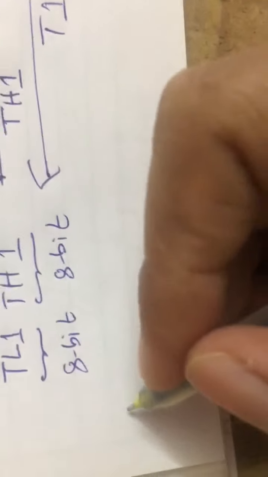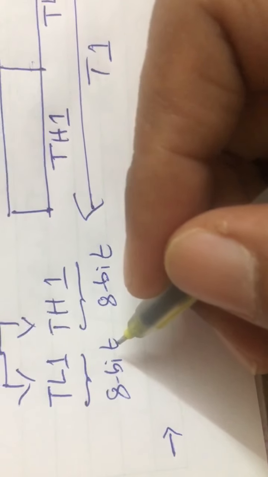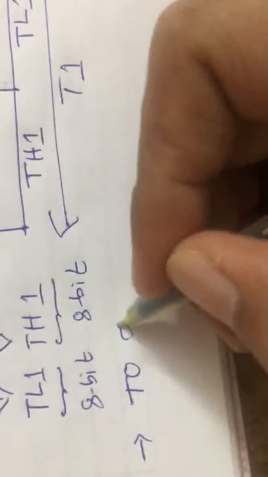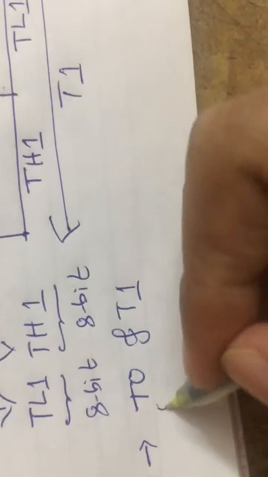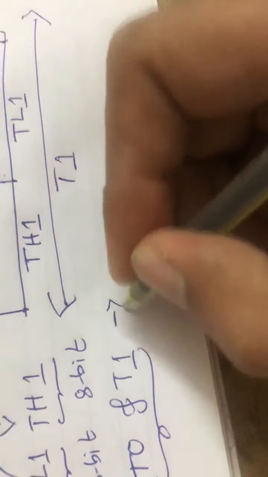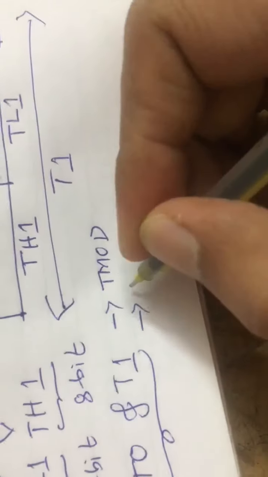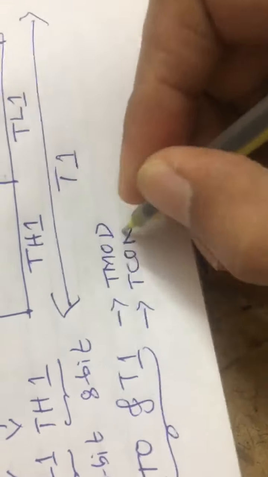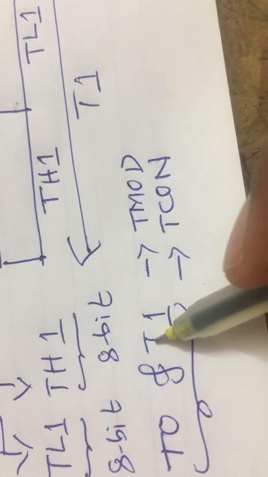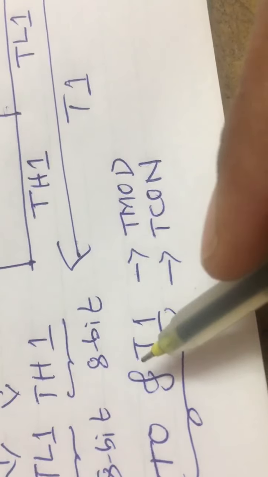In the next session, what I will talk about is that timer 0 and timer 1 work with respect to two more registers, that is the TMOD register and the TCON register.